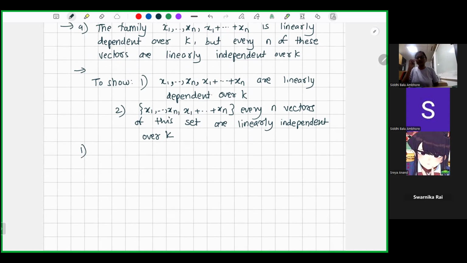First thing we need to do is to check what linearly dependent means.